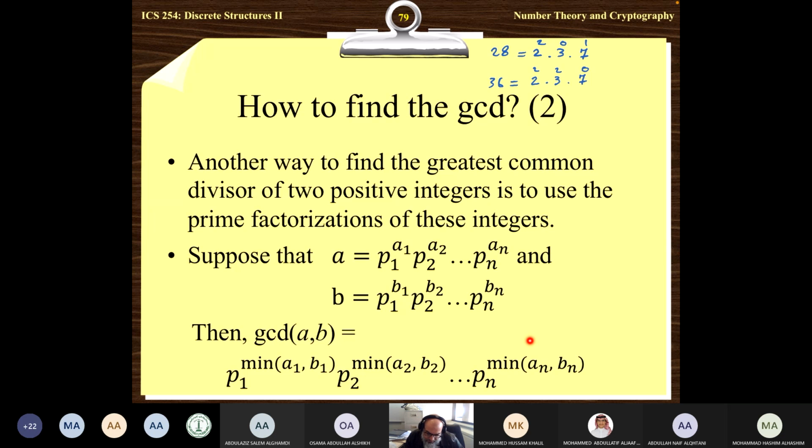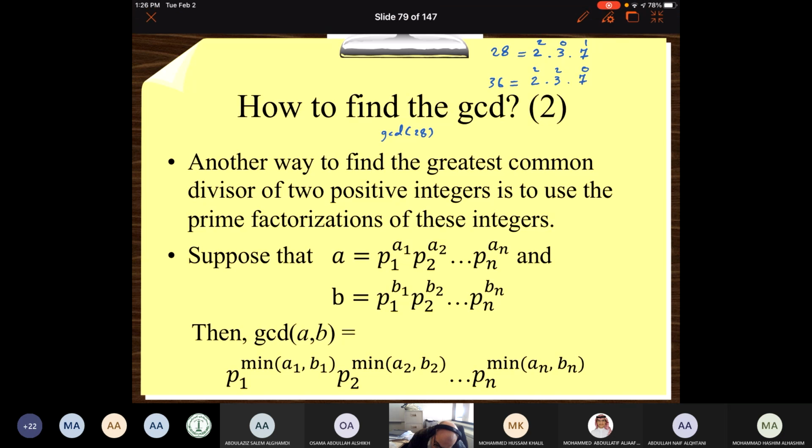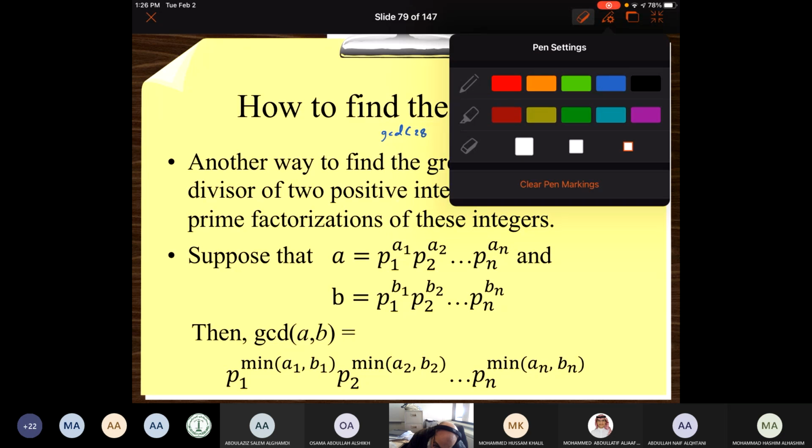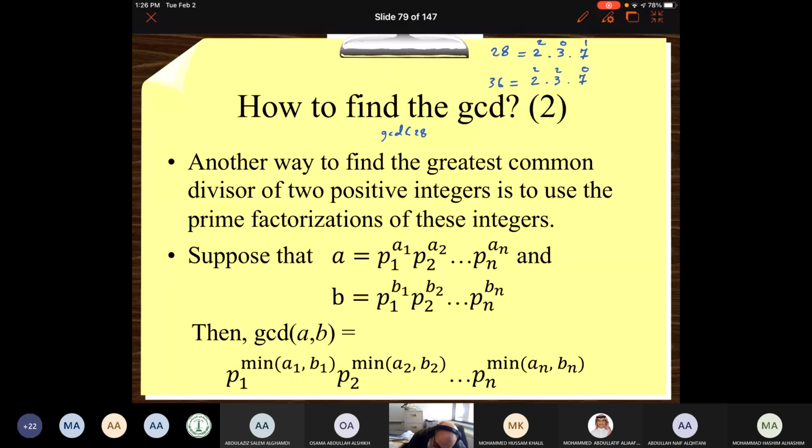So if I want to apply this on 28 and 36, what is the GCD of 28 and 36? How am I going to write it?